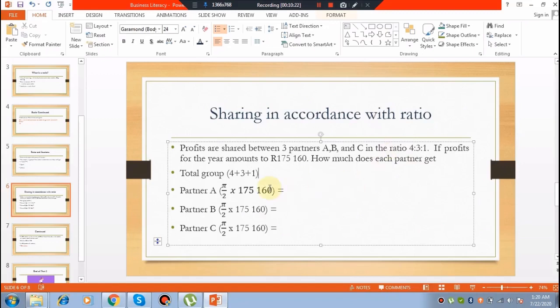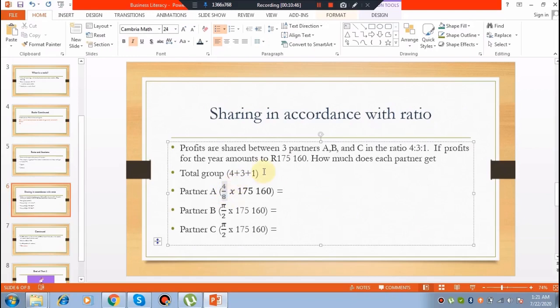Okay, so we need to find exactly how much of this profit partner A is entitled to. Partner A is entitled to 4 of this. So 4, that's the numerator which partner A deserves, over 8.